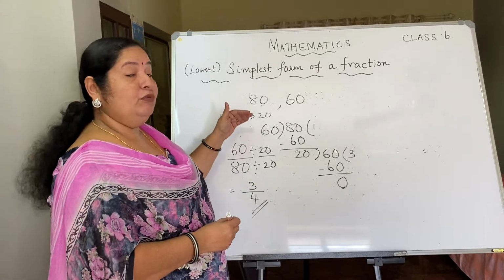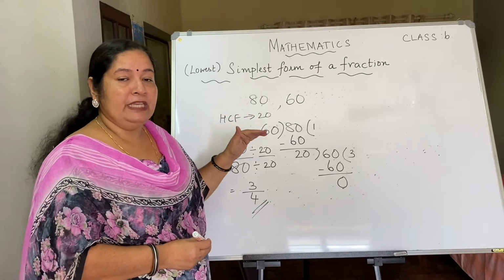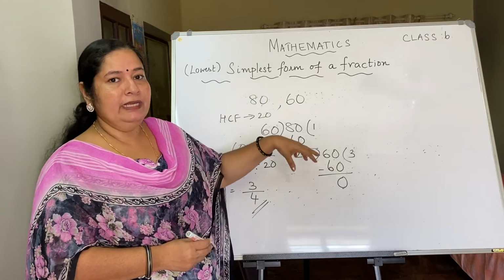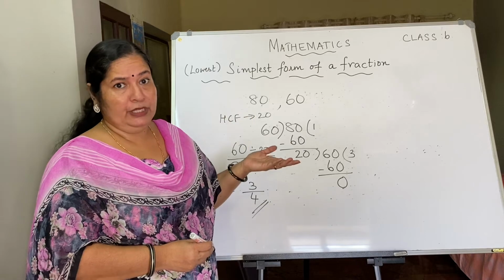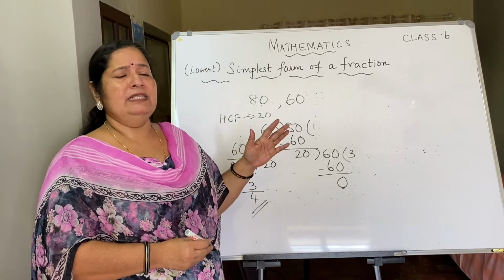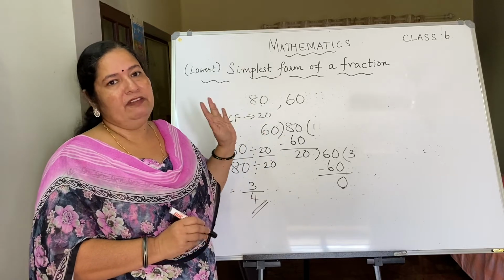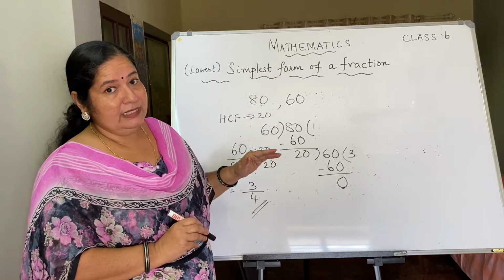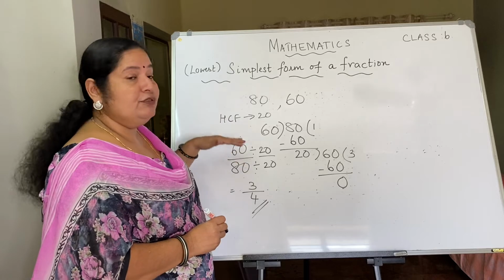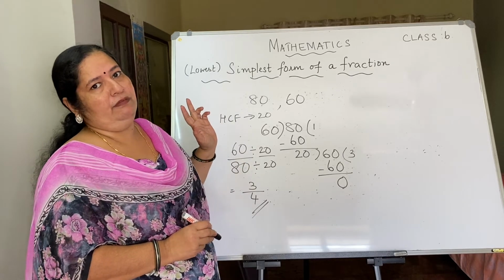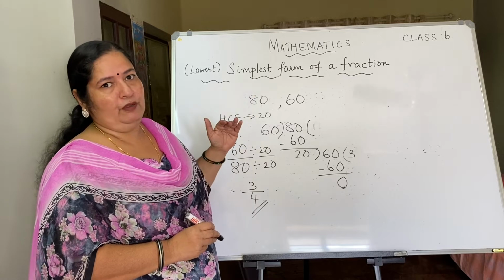So understood how to reduce a given fraction by the method of finding HCF. First you will find the HCF. Any method you can use, but for convenience, I think this is the easiest way for finding the HCF by division method. After finding the HCF, what you have to do? You have to divide the numerator and the denominator with the HCF to get the reduced form.